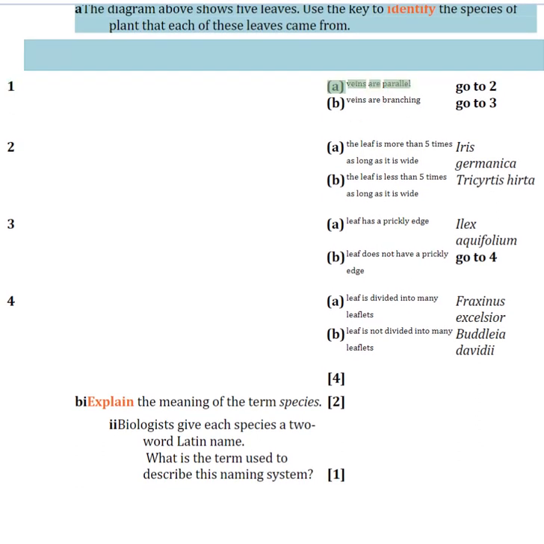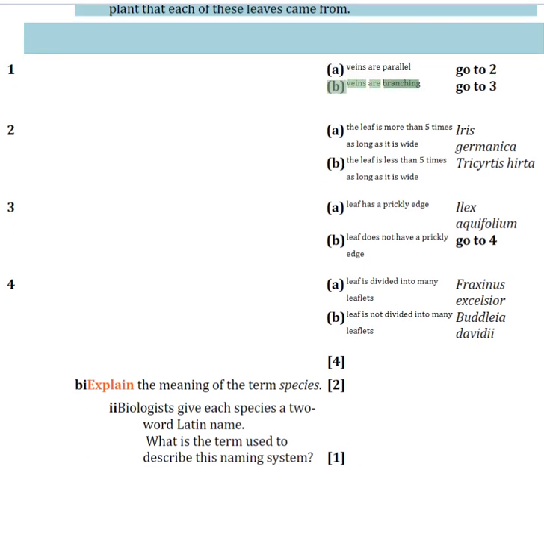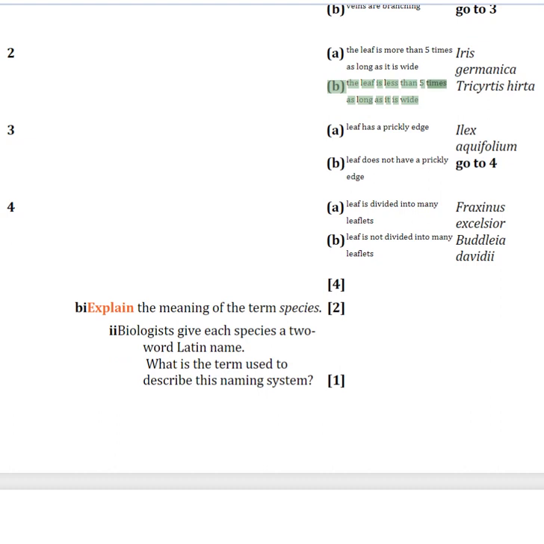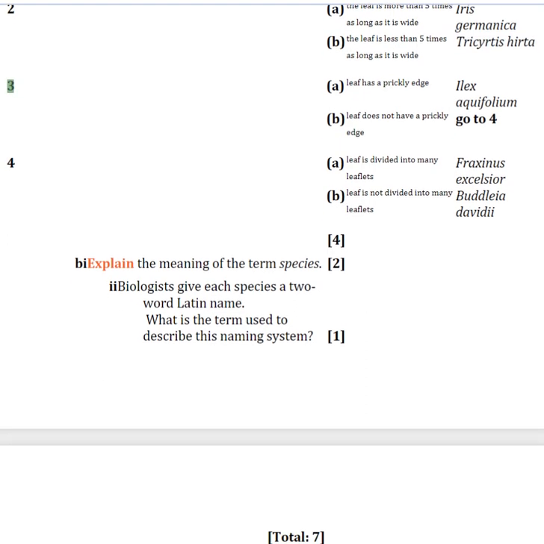1. Veins are parallel. Go to 2. Veins are branching. Go to 3. 2. The leaf is more than 5 times as long as it is wide: Iris germanica. The leaf is less than 5 times as long as it is wide: Tricyrtis hirta. 3.